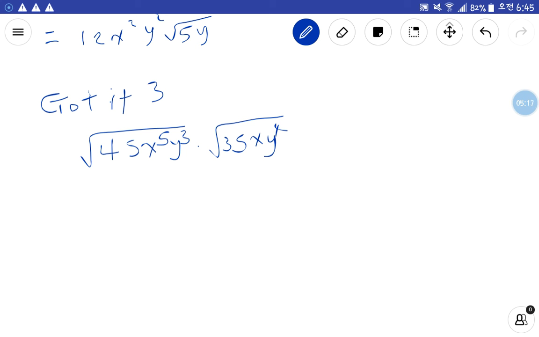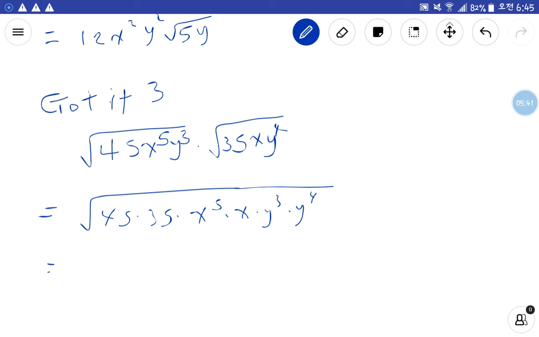Again, you are having both indexes as even numbers, so you are expected to have absolute value around it. Now you're going to put all together 45 times 35 times x to the 5th power times x times y cubed times y to the 4th power.